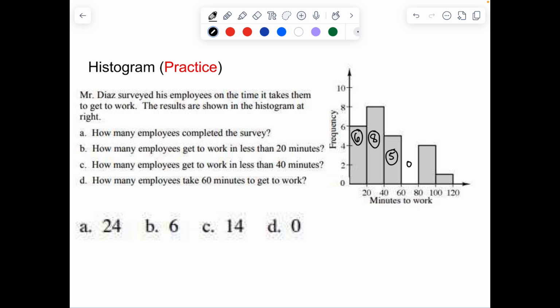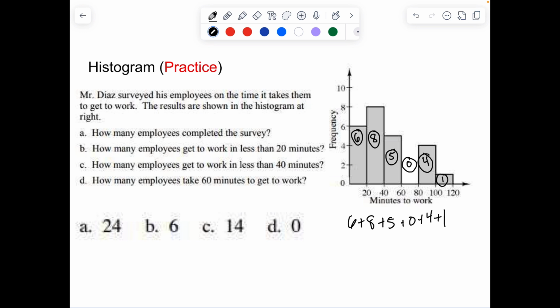We have 0 for the 60 to 80 minutes. And then we have 4 for the 80 to 100 minutes, and we have 1 for the 100 to 120 minutes. So now we just add these all up. So 6 plus 8 plus 5 plus 0 plus 4 plus 1, and that is equal to 24.